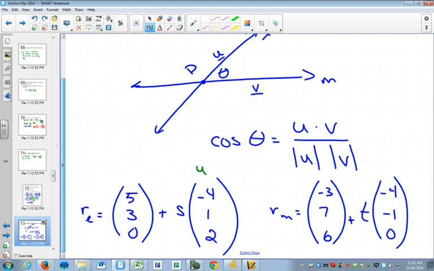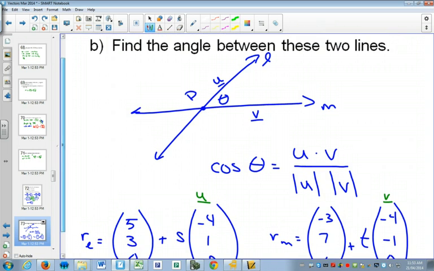Our u is the direction vector for L, and our v is the direction vector for M. Because if you think about the line L, this is the direction it's going in. The first one is just a position vector of a point on that line. But if you want to actually use the vector going in that direction, this is going to be your u, and this is going to be your v.